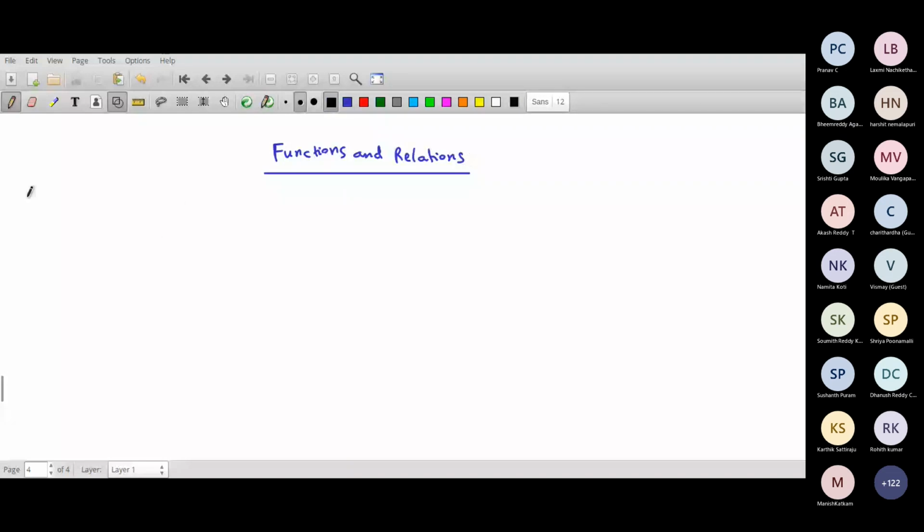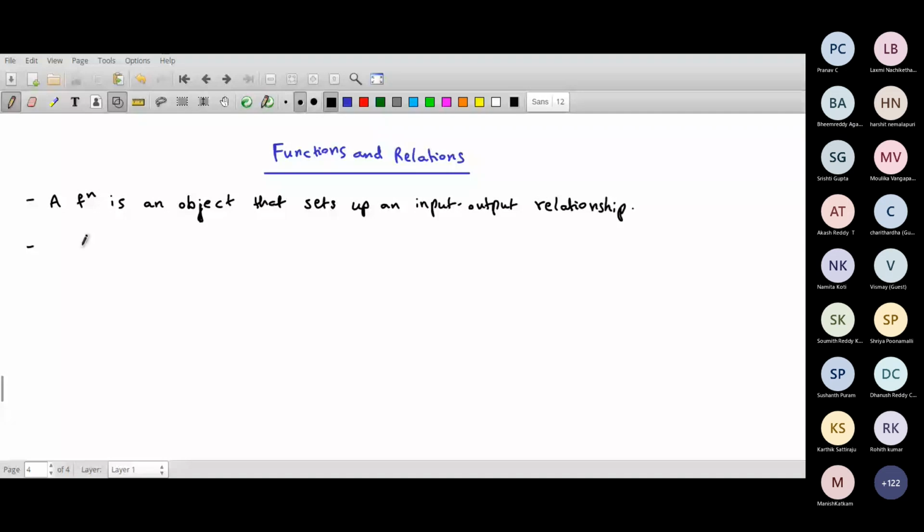Okay. A function is an object that sets up an input-output relationship. You all know this already.